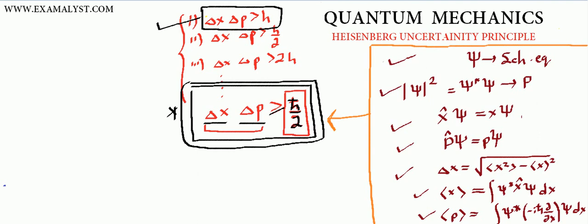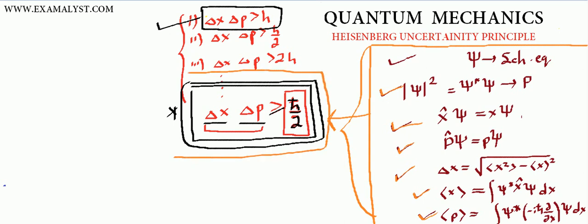Just this mathematics, just the value of psi and this basic definition, can be used to prove that delta x delta p is greater than or equal to h cross by 2. This is the most amazing thing that we'll do in the next lecture. In the next lecture, we will only use this information and we will derive this uncertainty principle. Neither am I using any experiment nor doing anything else. Agreed? So in the next lecture, we'll derive it.